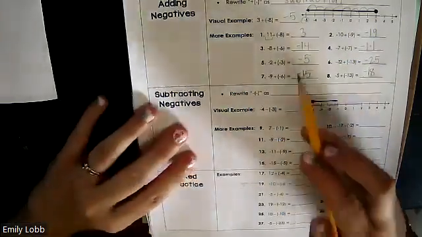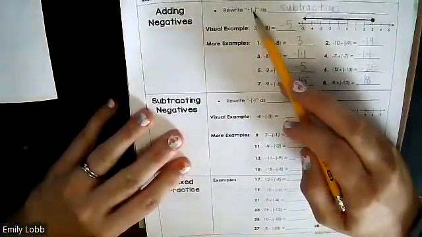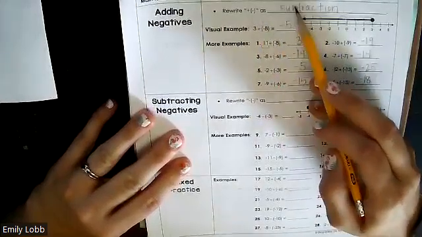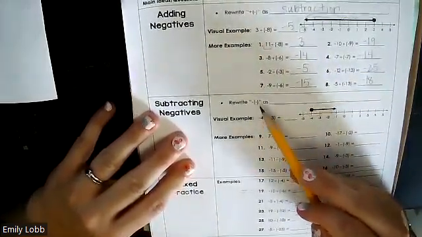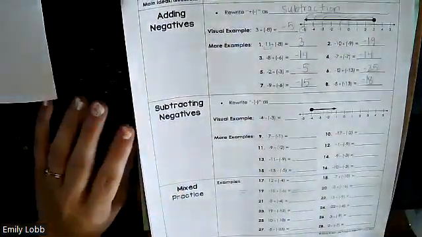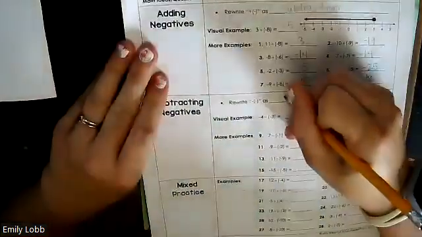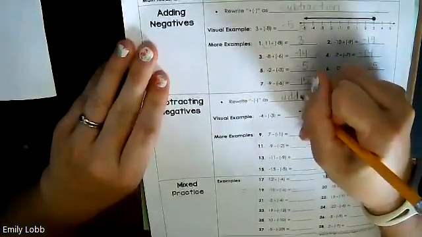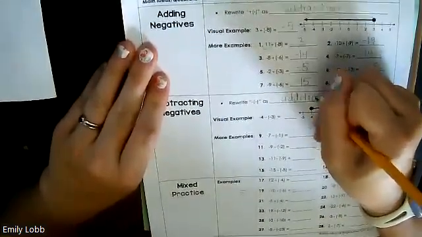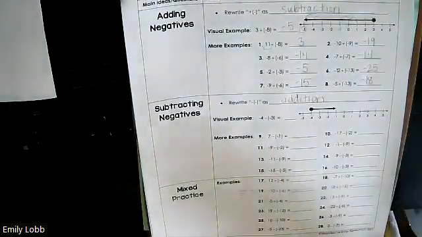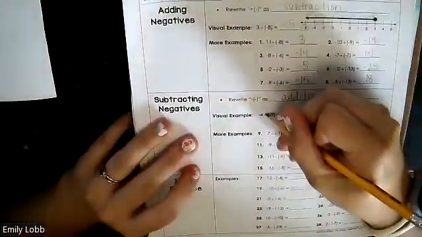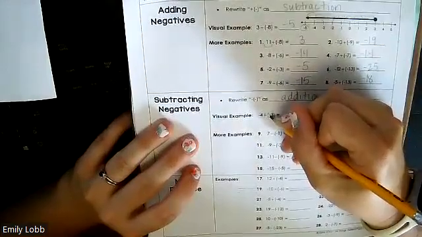Now, if we rewrote adding the opposite or adding a negative as subtraction, we're going to rewrite subtracting a negative as what? Addition. It's the opposite of subtraction. So we're going to switch.